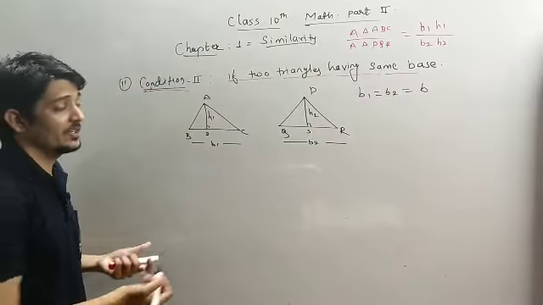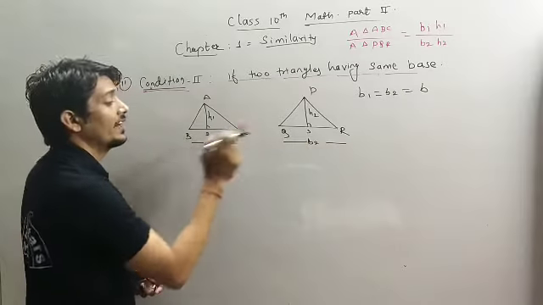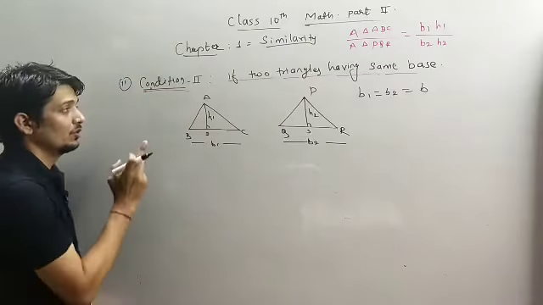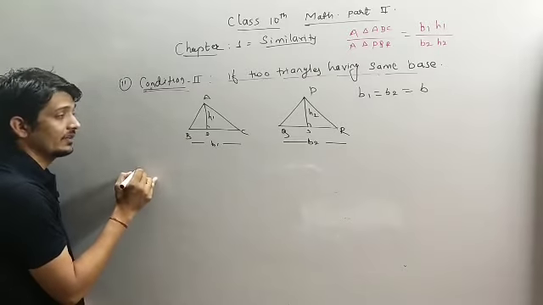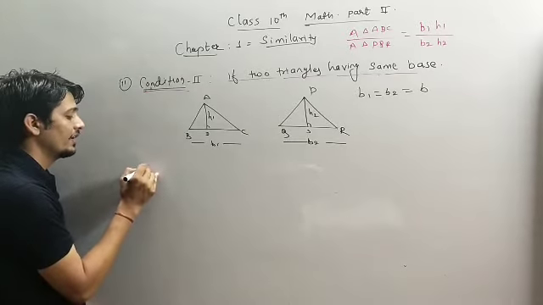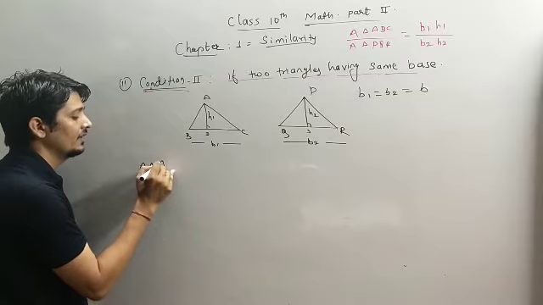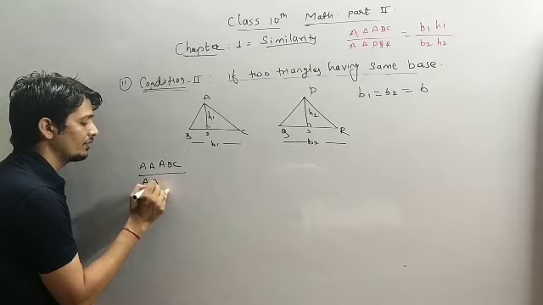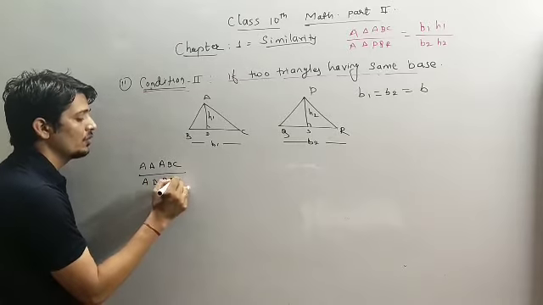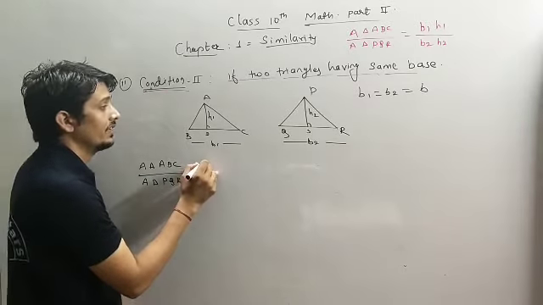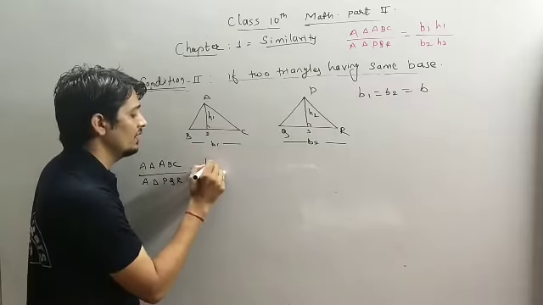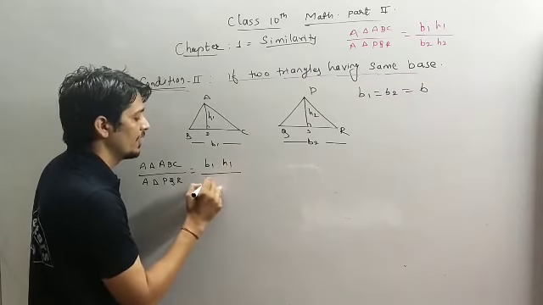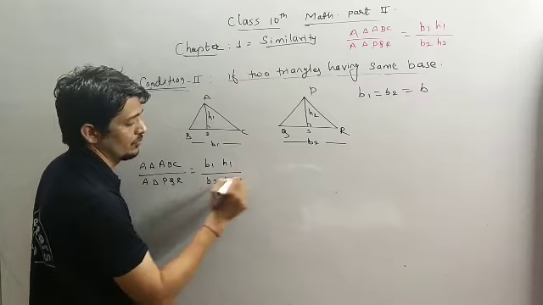अब दोनों की base क्या होगा, same होगा, तो height क्या होगी, different होगी. So ratio क्या हो जाएगा, ratio of their triangles. So area of triangle ABC divided by area of triangle PQR equals B1 H1 divided by B2 H2.